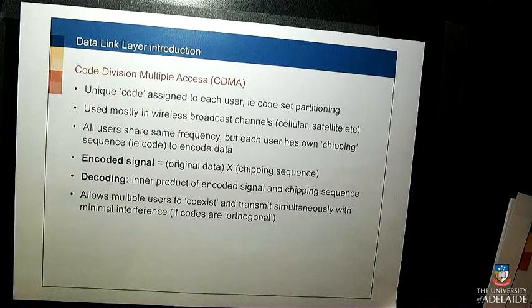But then you have a problem. If everyone talks at the same time, they're all going to get jumbled up. It turns into noise, so you can't decode it. But there's a cool way to do that, which is using what are called orthogonal codes.